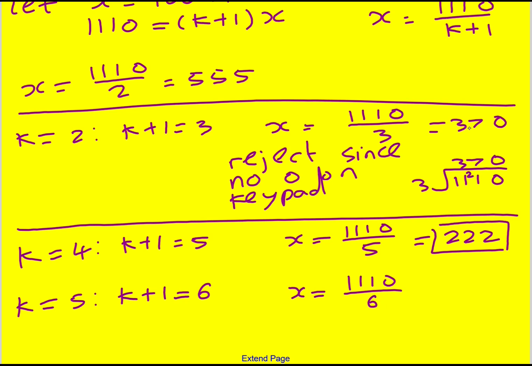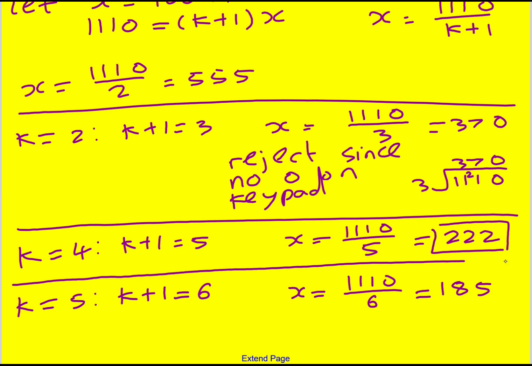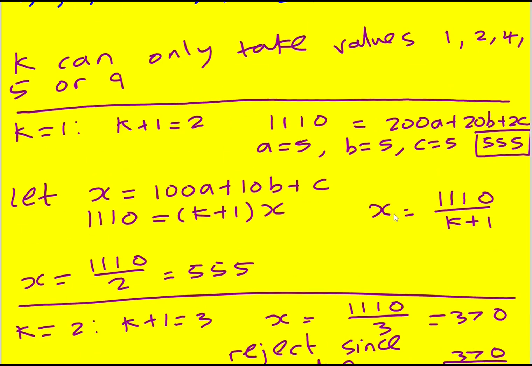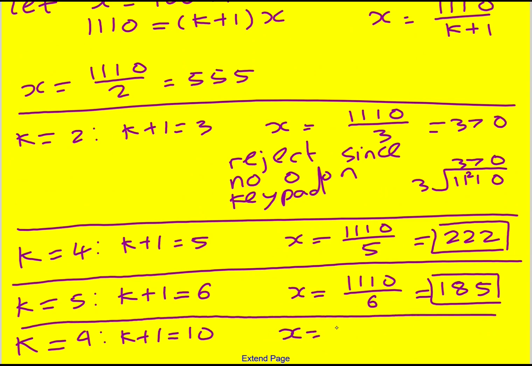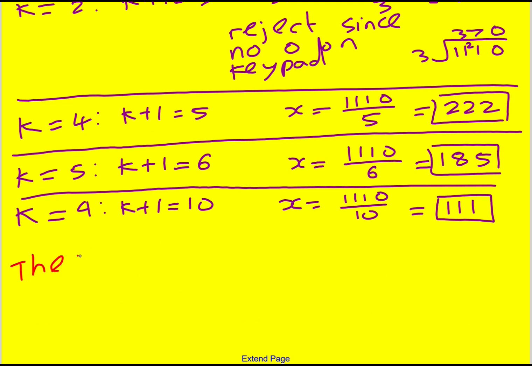Now we've already divided by 3, so you can just take the 370 and divide that by 2, 185, which is okay as well. So 1, 2, 4, and 5, that just leaves us with 9. That gives us 111. And these four are the only PINs.